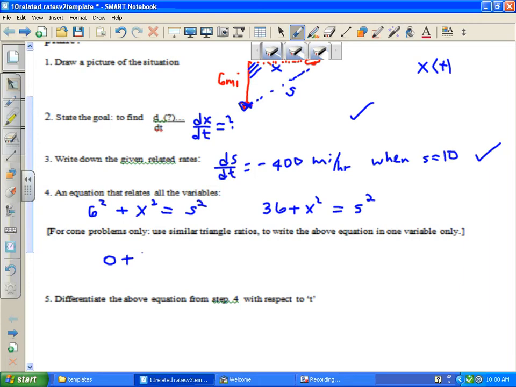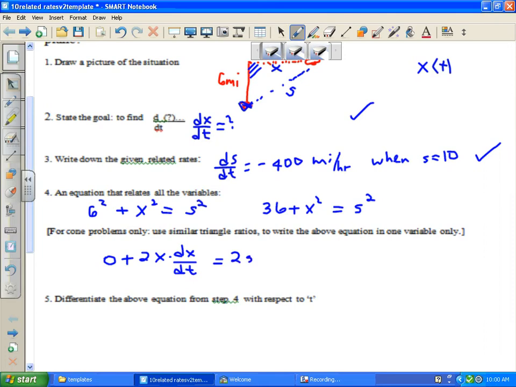So 2x times dx dt, the derivative of the inside with respect to the time variable. As you can see, we're using the chain rule there. We're also using implicit differentiation there, right? You multiply everything by the derivative of the inside, which is dx over dt, equals, how about on the right-hand side? What is the derivative of s squared with respect to the time variable?